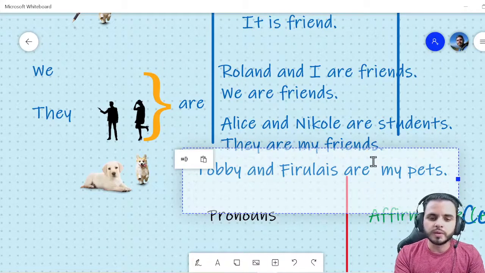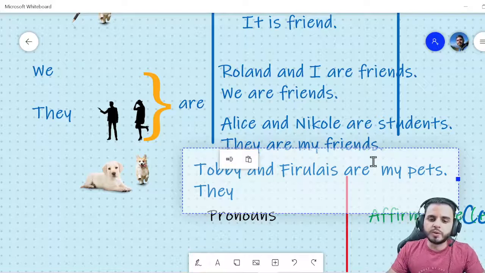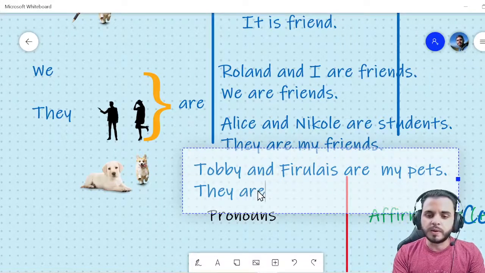Then I don't have to use their names over and over again. I just say they because now I have two, right? I know they are pets, but I can also use the pronoun they. So they are playful.